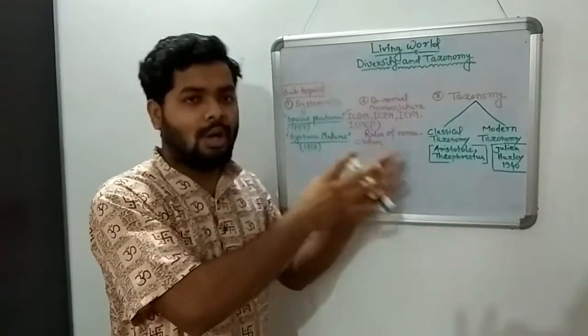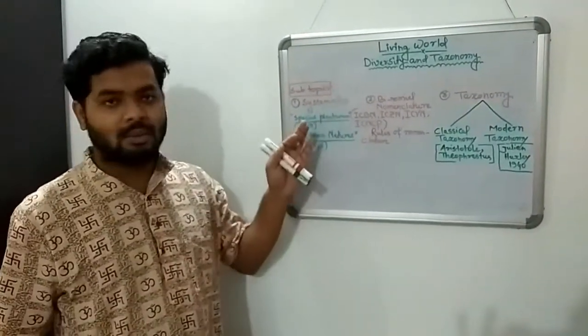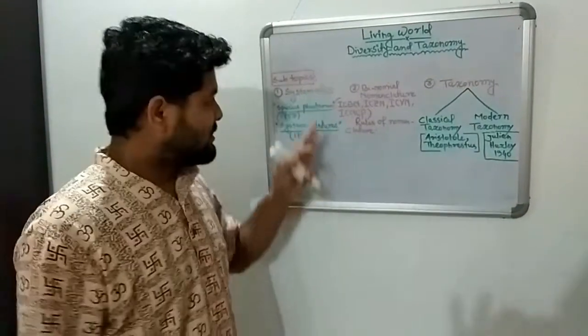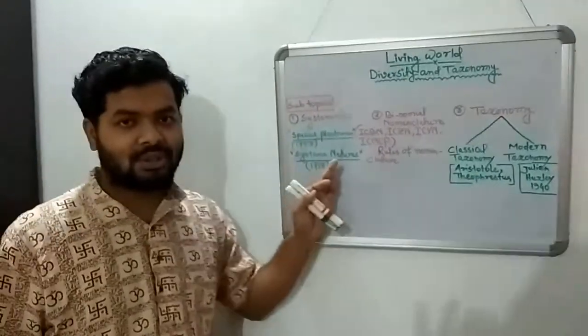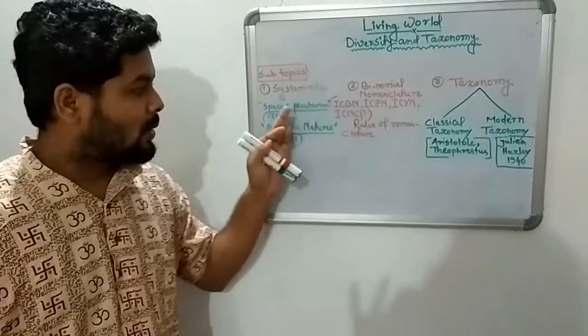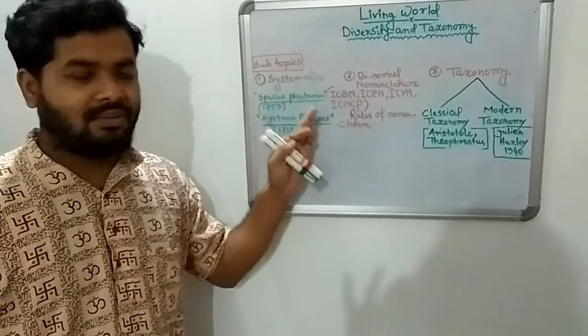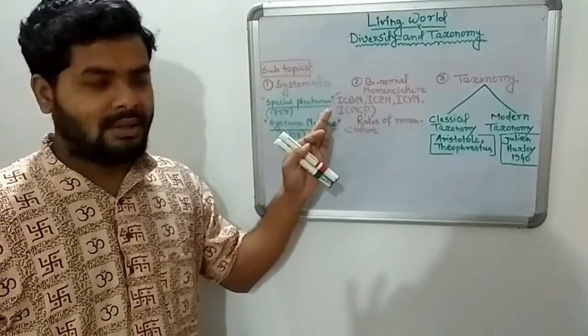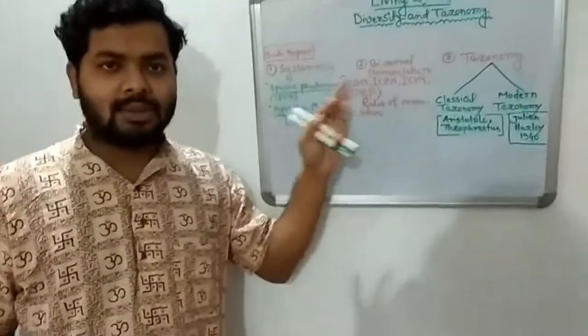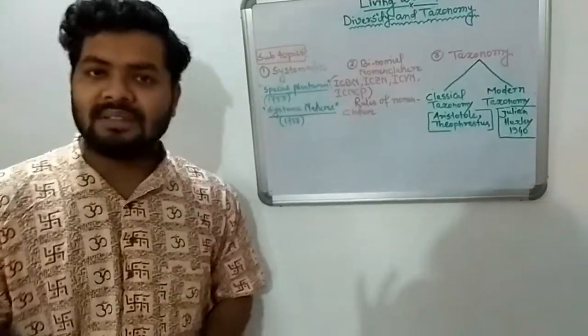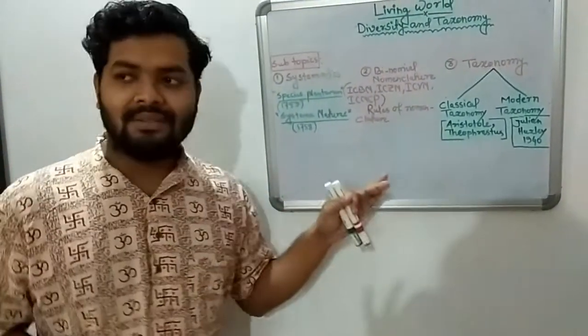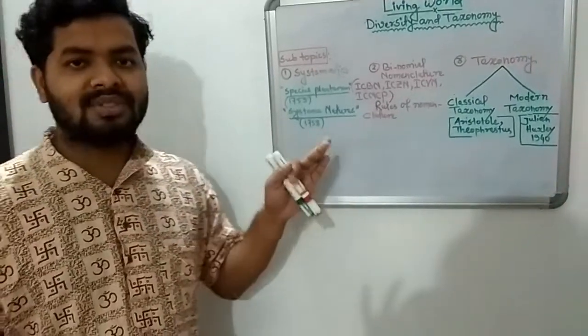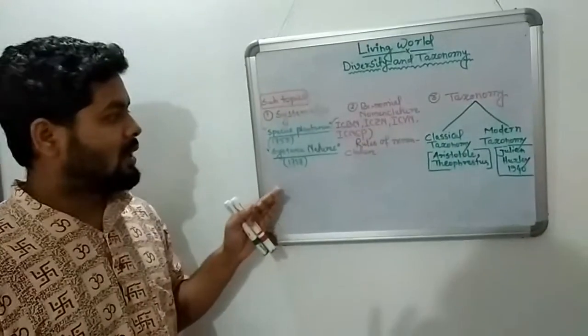So let's start with systematics. Systematics is a branch of science. The term systematics was coined by Carolus Linnaeus in 1751.